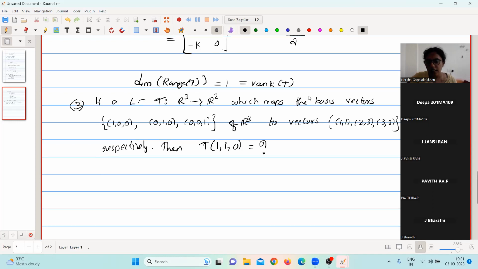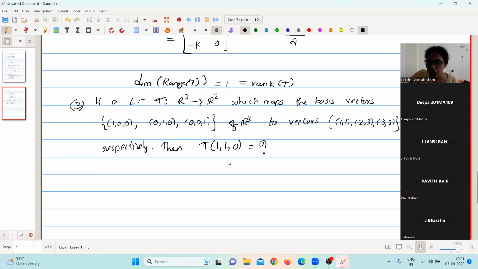And it is given that it maps the basis vectors (1,0,0), (0,1,0), (0,0,1) to the vectors (1,1), (2,3), (3,2) respectively. That means (1,0,0) is mapped to (1,1), (0,1,0) to (2,3), and (0,0,1) to (3,2). Okay.